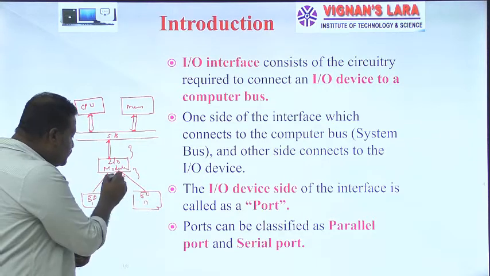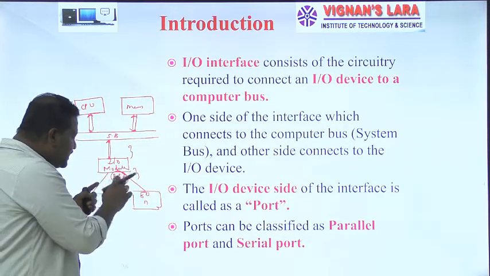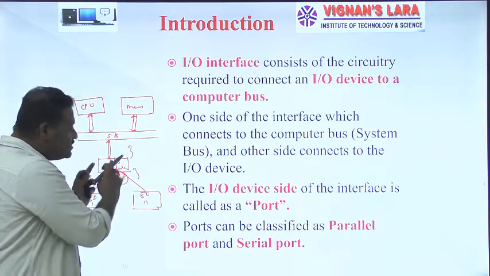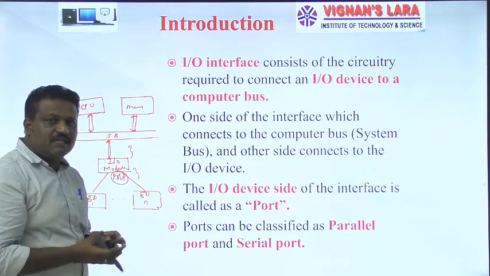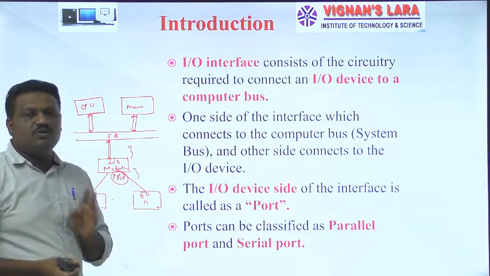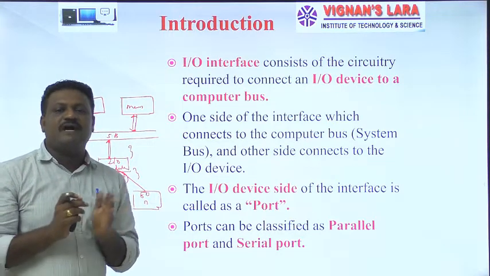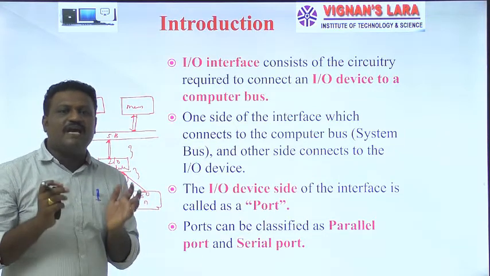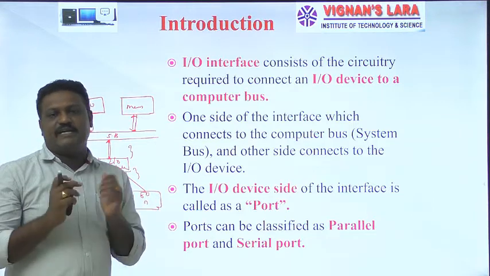Here this port has different types. The types of ports purely depend on the type of I/O devices we connect to our I/O module. Basically, I/O devices are of two types. One type of device we can call parallel devices. That means the devices which can accept or transfer multiple bits at a time.